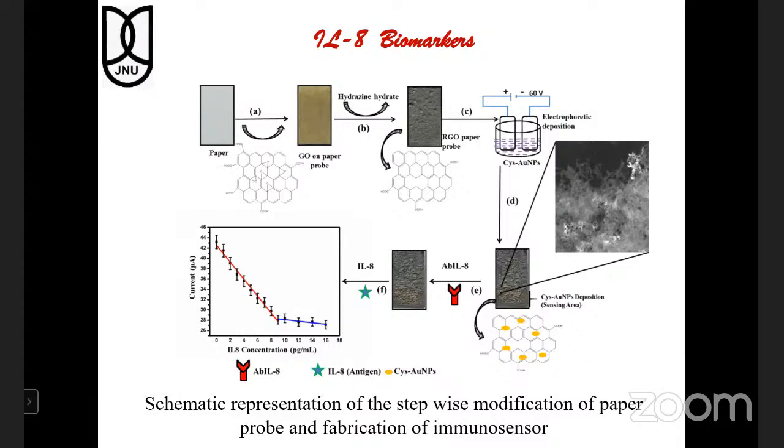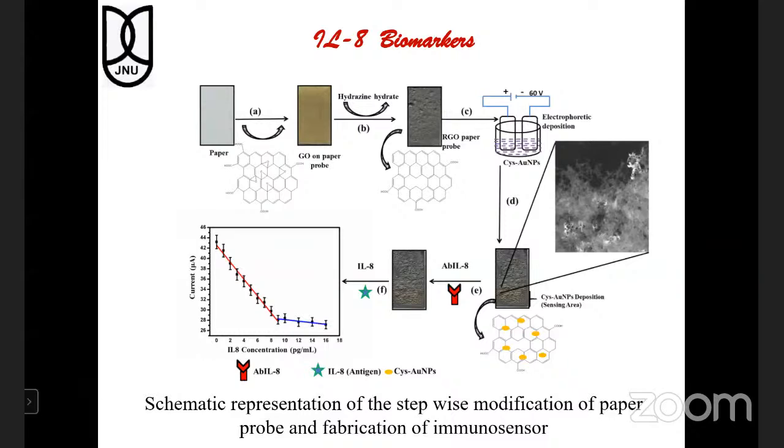The sulfur group of the L16 binds with the gold nanoparticles by covalent bonding, modifies their surface, and also provides stability to the gold nanoparticles. So we deposited these nanoparticles onto this RGO-based conducting paper using electrophoretic deposition.